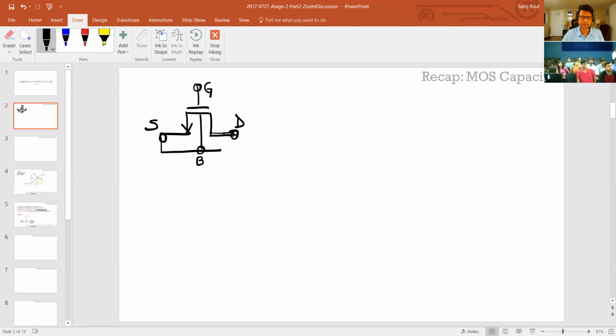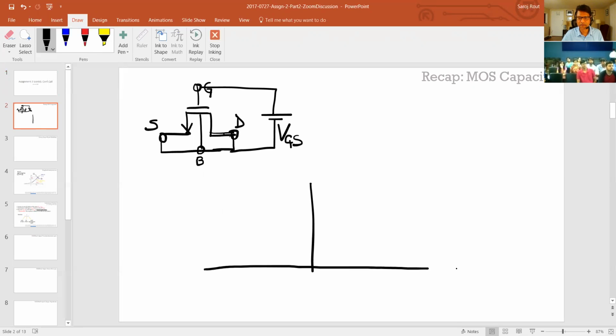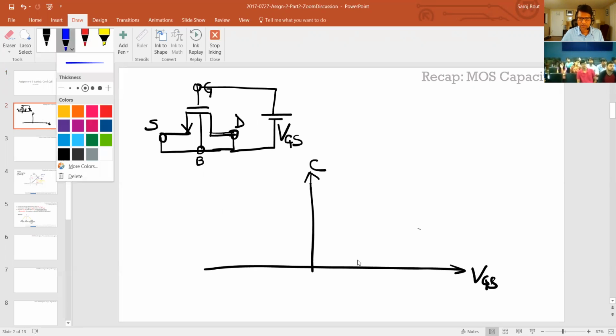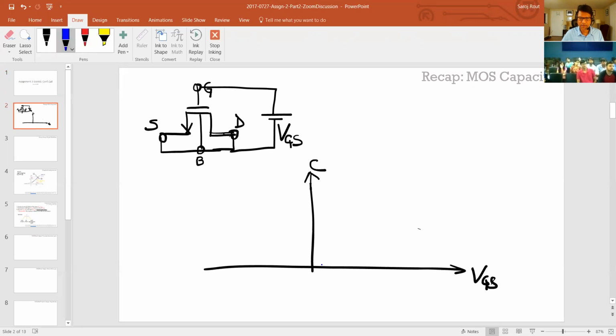So we showed that if we connect all these terminals together and bias it with some voltage, I'm going to call this VGS, although the source node is all three nodes connected together. And then if I draw the capacitance, so this is the voltage VGS, and this is, let's say, the capacitance across those terminals, C. Then we said that there is no channel formed.